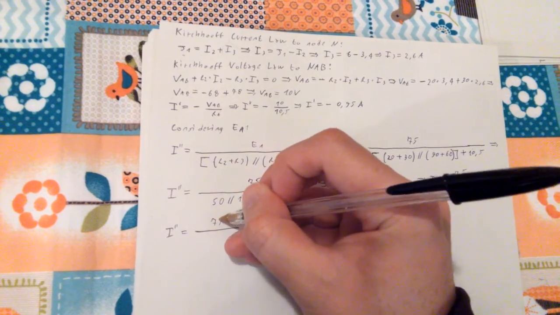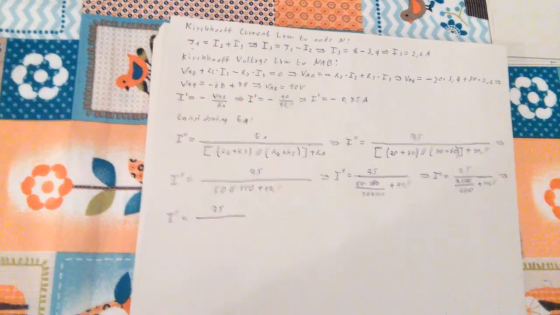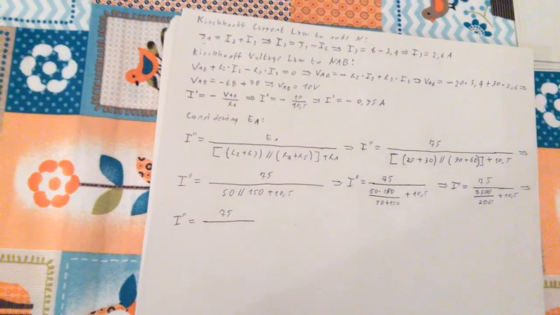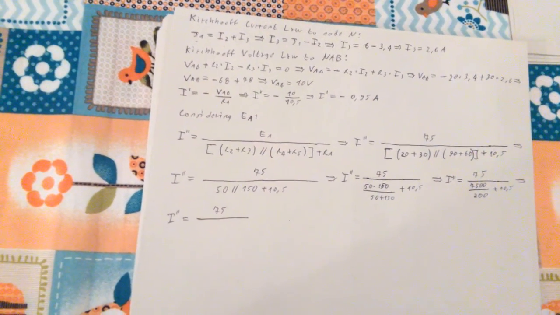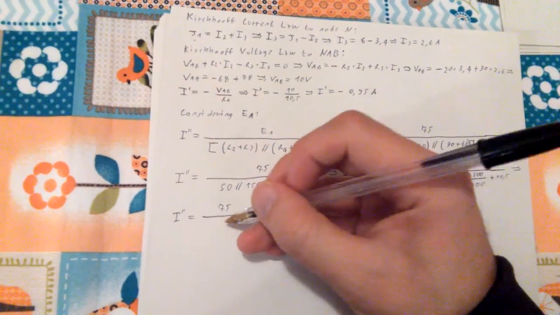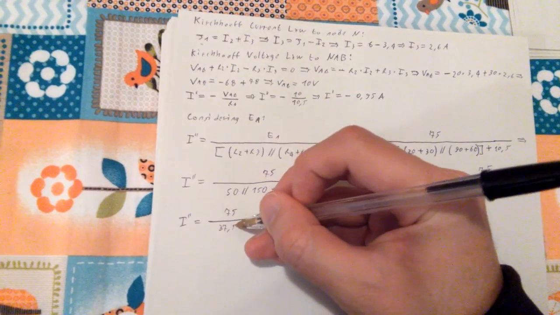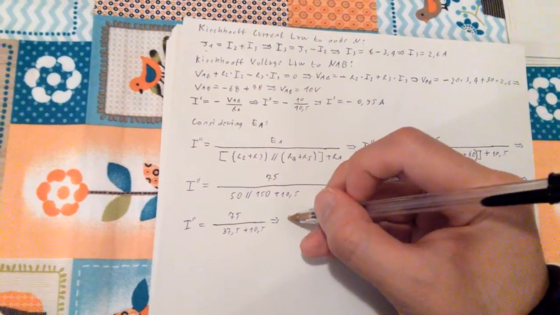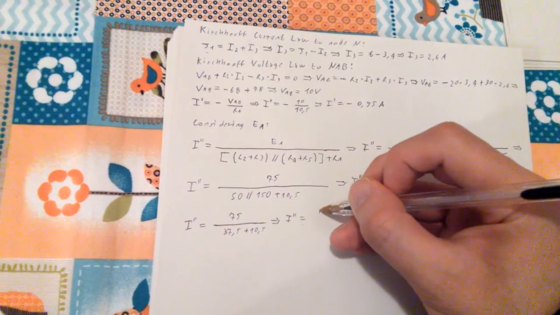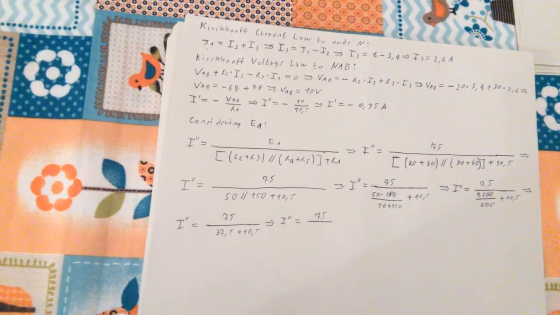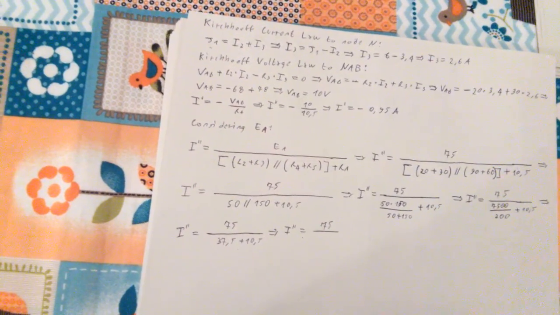Let me simplify everything down: 7,500 divided by 200 is 37.5, plus 10.5. So I second is 75 over 37.5 plus 10.5, which is 48.